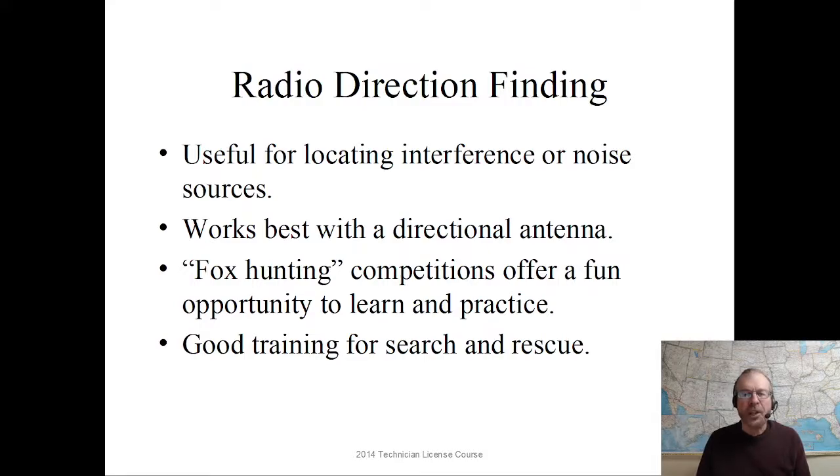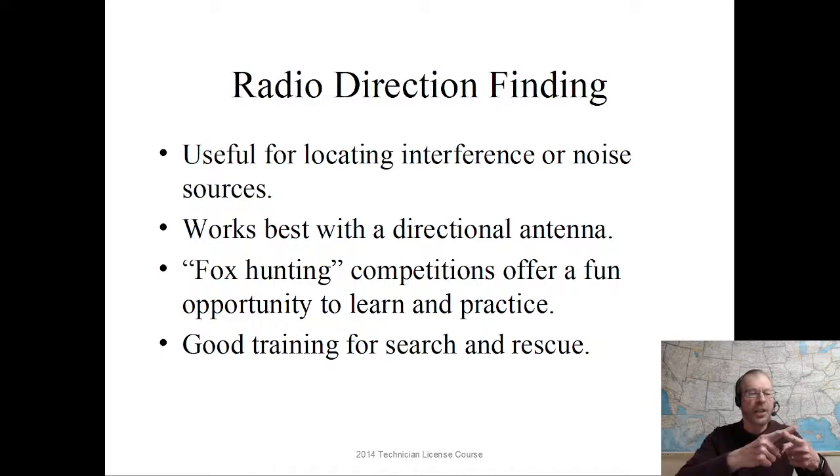So fox hunting competitions usually are VHF and UHF, and that means the small antennas, and they offer a fun opportunity to learn and practice. You learn how to triangulate between two locations and have the antennas pointing, and where the points extended across, that would be where your hidden station is located.